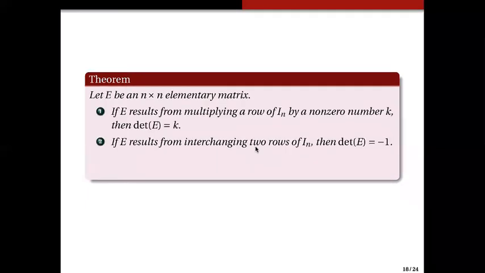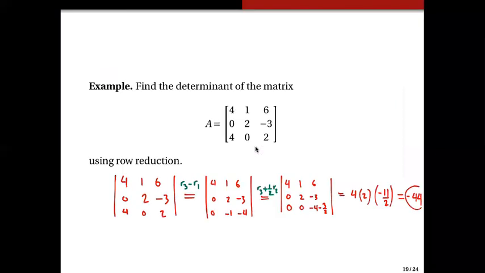For example, instead, suppose we interchange row 2 and row 3, we will now have negative determinant of 4, 1, 6, 0, negative 1, negative 4, 0, 2, negative 3.